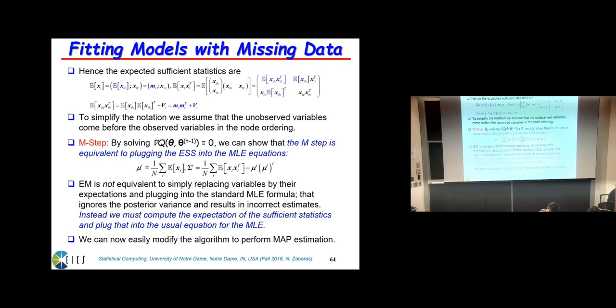You have to do this carefully to get these correlations, E of x hidden transpose. But what's amazing is that you do this calculation on paper, after thinking for 10, 20 minutes, and then you realize that even if you have missing components in the Gaussian and you want to estimate the mean and the covariance, it's a trivial formula. It's exactly as before. The only thing is you have these posterior expectations, and the expectations are only applied to the hidden values.